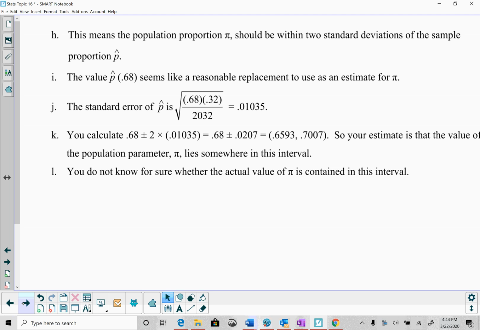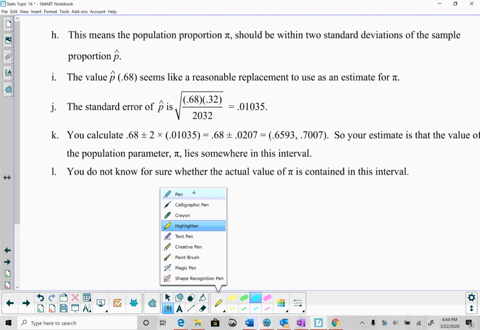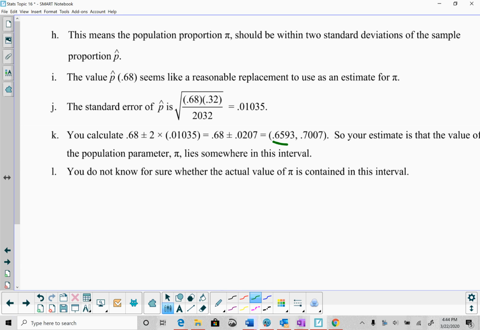All right, so we'll take 2 times the 0.01035, and that's 0.0207. We'll add that to 0.68 and come up with 0.7007.